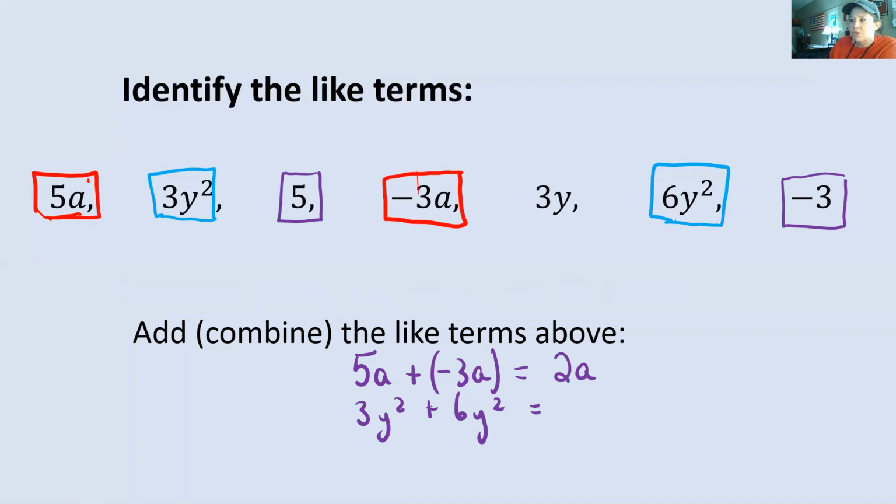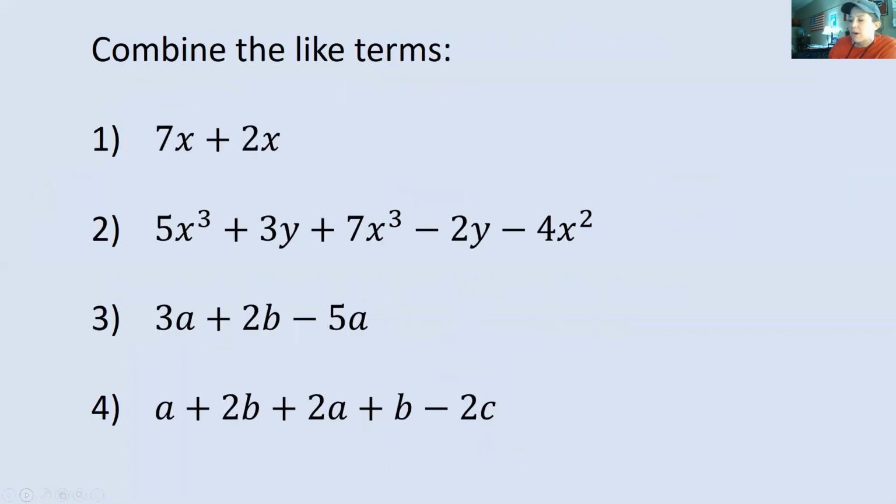I don't add those 2's, but I do add the coefficients. So 3 plus 6 is 9y squared. And then my other like terms were 5 combined with negative 3, which is positive 2. So we just combined our like terms. All right, what about these? Everybody pause the video, try to combine these on your own, and then turn the video back on and see what your answers are.